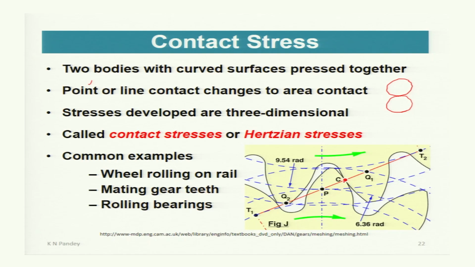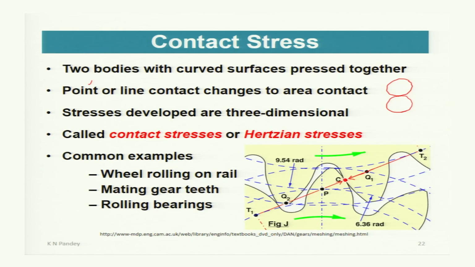And the mating gear teeth are shown in this figure. The contact is at this point, and the force is acting along this. This gear is applying force in this direction on this gear, and this is applying in this direction on the bottom gear.